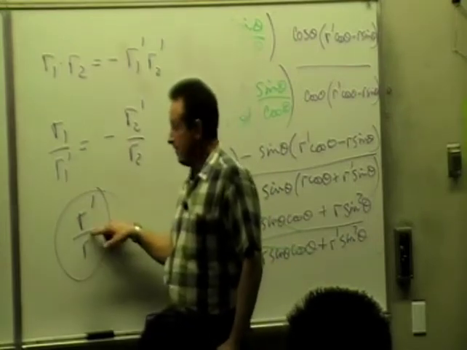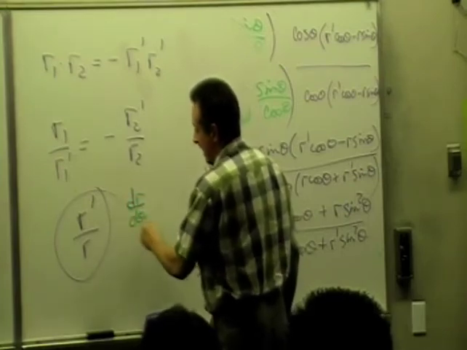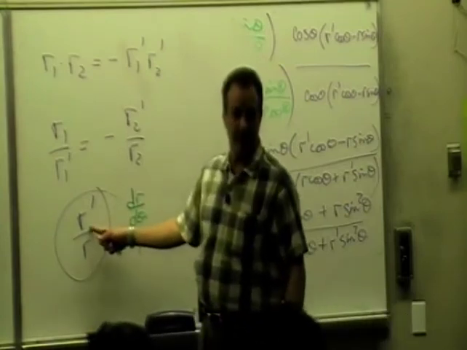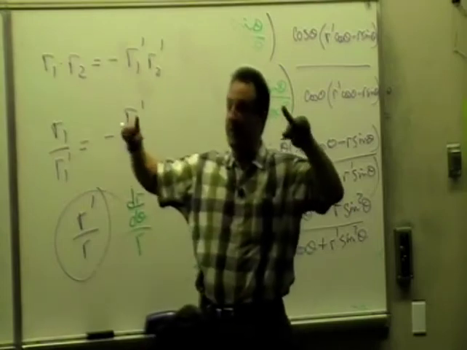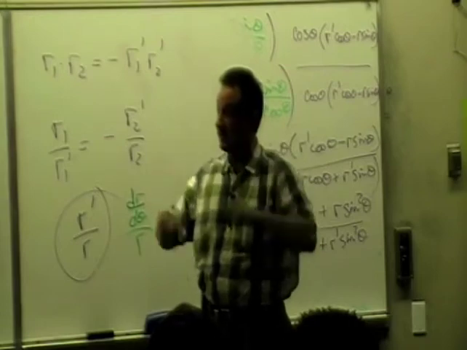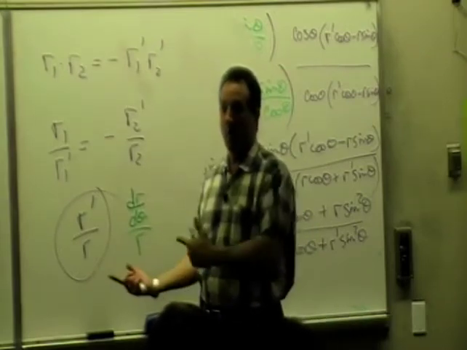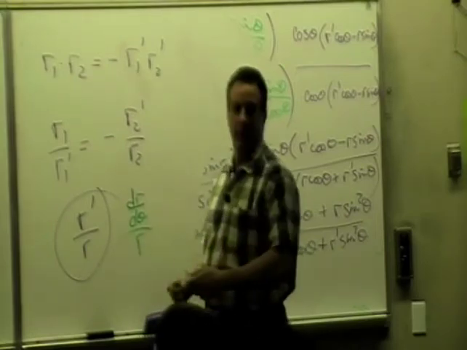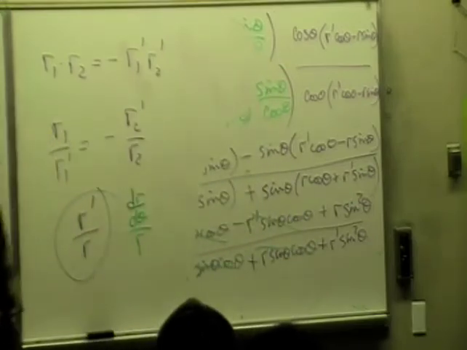Remember, r prime is the derivative of r with respect to theta, divided by r. Do that for both of them, and they should be negative reciprocals of each other. If you multiplied them together, you'd get negative 1. Almost identical to the rectangular coordinate system, but we had to go through a hairier derivation.